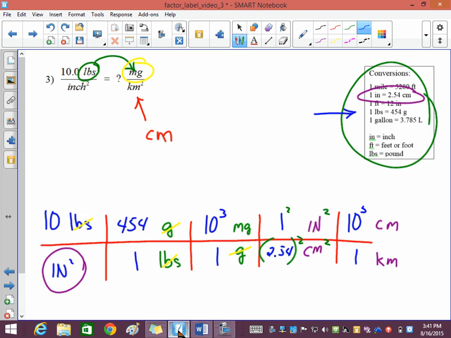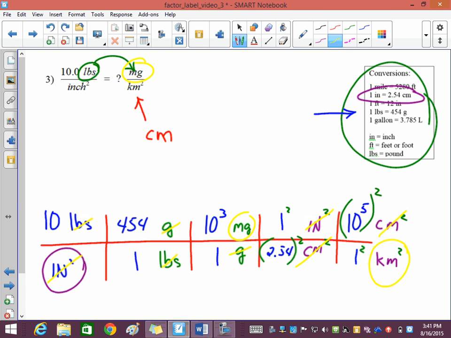So it's 10 to the 5. However, be sure that you're keeping in mind that this is a square, which means I need to square that as well. Okay. So now my centimeters squared are canceled out, my inches squared are canceled out. So the only units that remain are milligrams and kilometers squared.